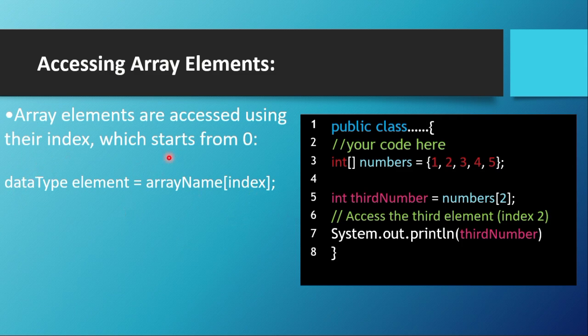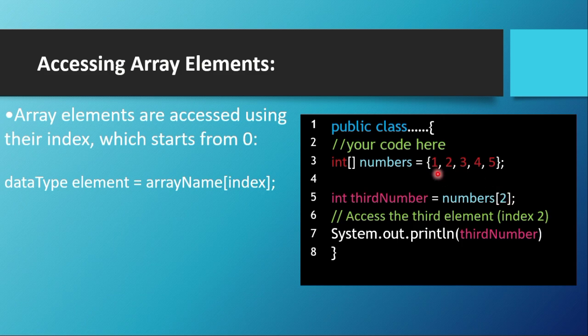So how do you actually get your value at that point? You say data type element is equal to array name at index. So if you don't want to use a loop to actually get your value, you can just say something like int thirdNumber, this is your identifier, and then you say equals numbers at index number 2.